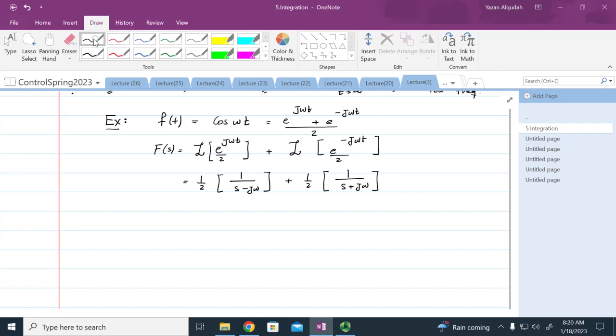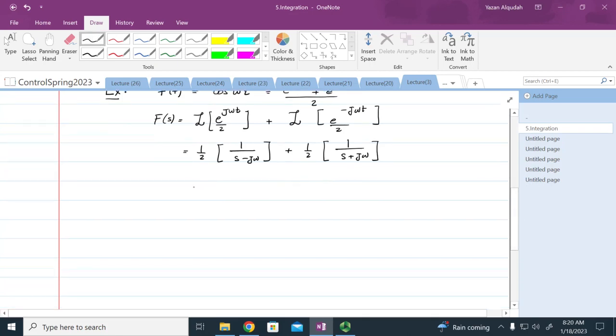How do we simplify this? It's going to equal 1/2. And if you multiply these together, s minus j omega multiplied by s plus j omega, what is that going to give me? s squared plus omega squared. Good. And then we're going to have s plus j omega plus s minus j omega.